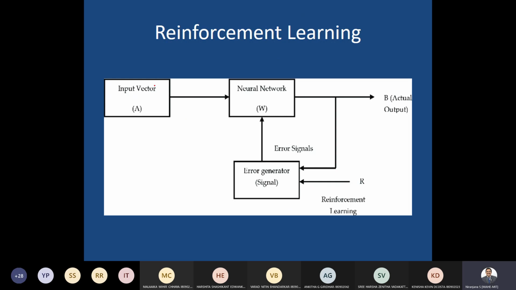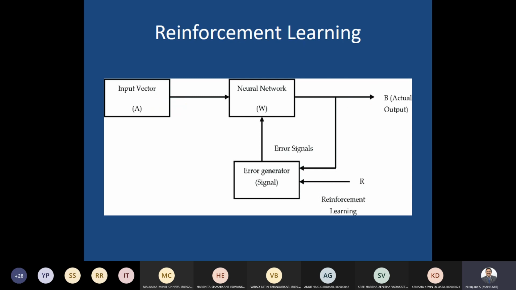Sometimes we even use reinforcement learning methods, which are an alternate method. There also there will be input and there will be a target, but the target is called here the reinforcement learning parameter. The actual output and this reinforcement signal will generate an error signal here. A minor change from supervised, that's what you can observe here.